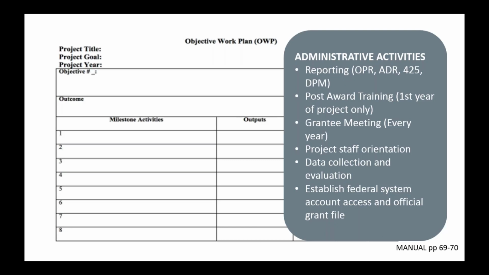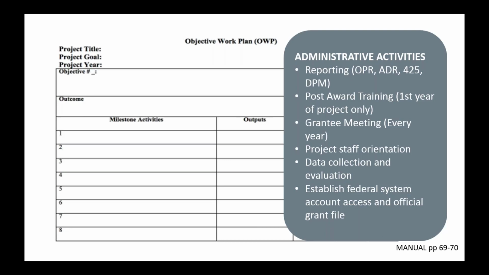This list includes a one-time post-award training in year one and an annual grantee meeting for each project year. Setting up the grant file, staff orientation, data collection, reporting, and evaluation are also considered administrative activities required by ANA.